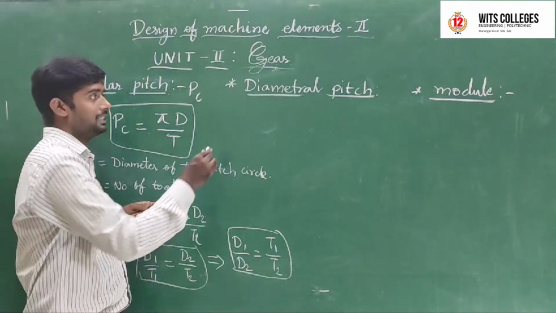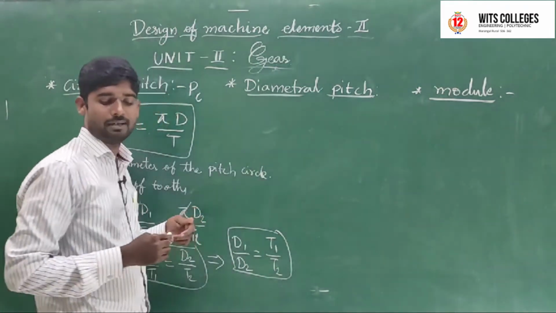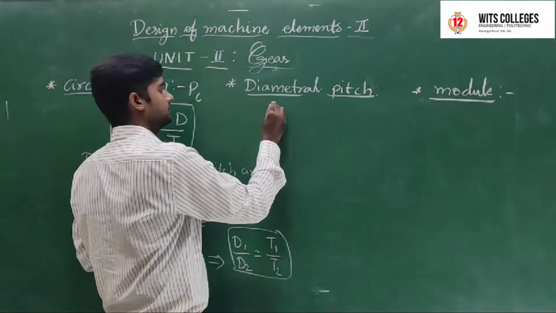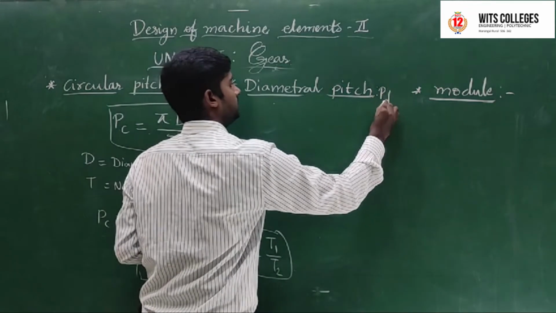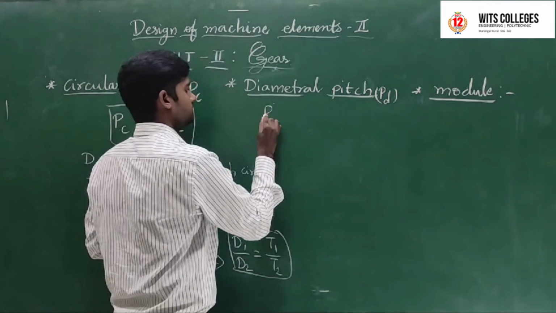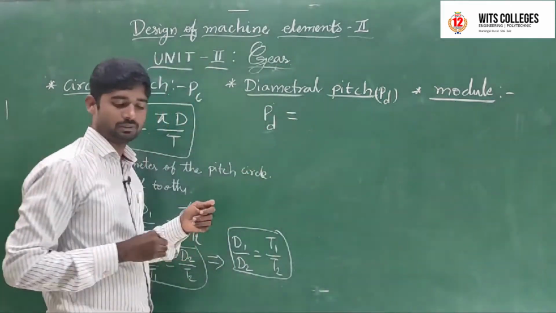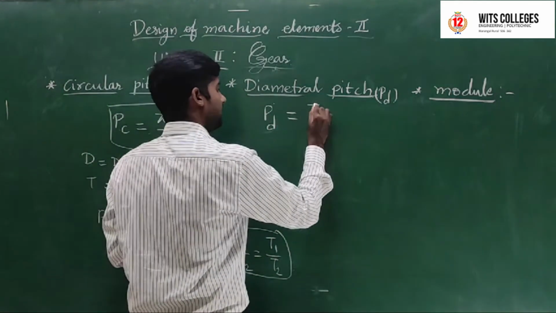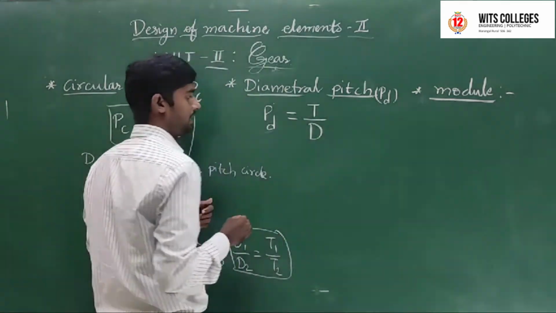Next, coming to the diametral pitch. Diametral pitch is denoted by PD. PD, diametral pitch, is equal to the number of teeth by the diameter of the pitch circle.